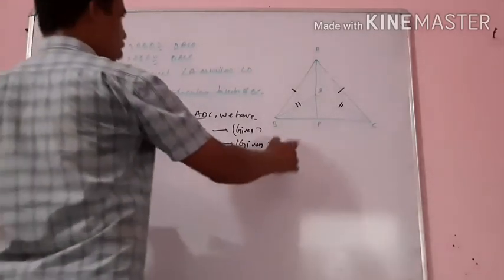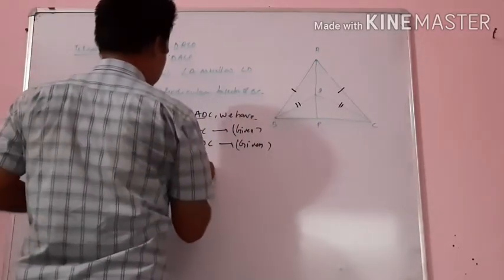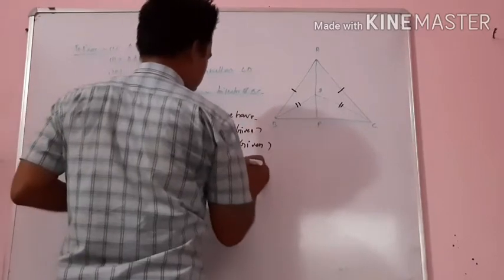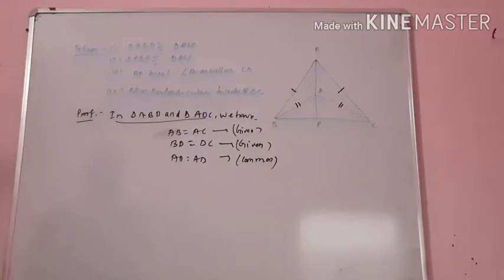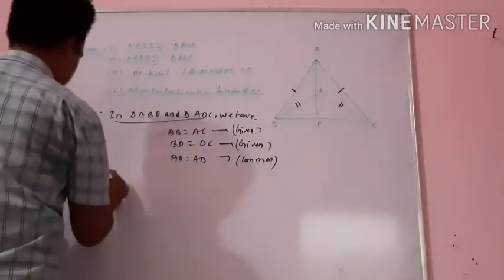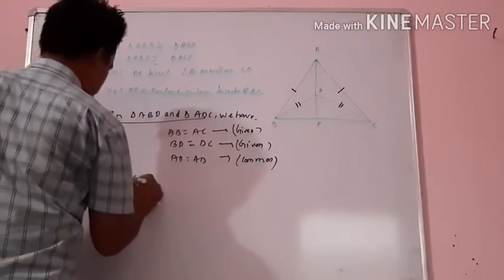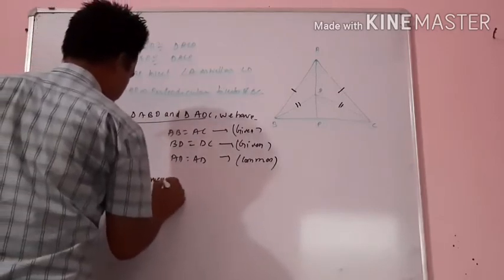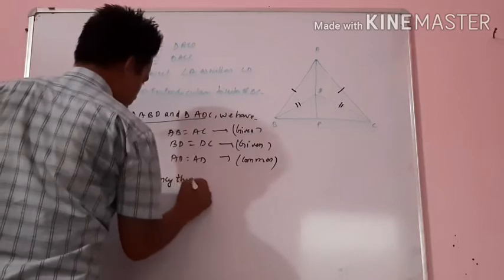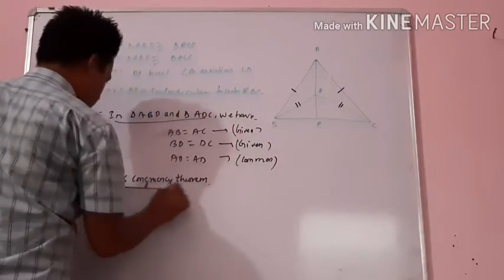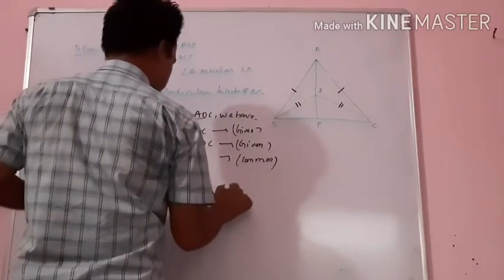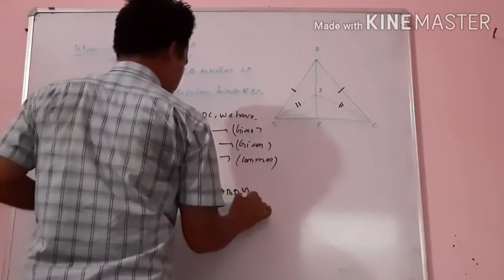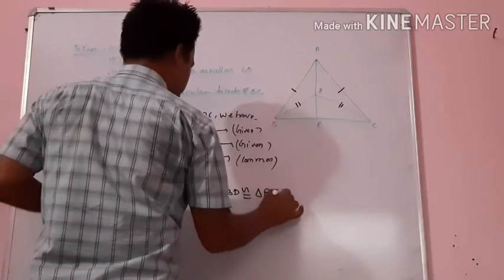Now AD is common. So which theorem comes here? Here all three are sides. So by the SSS congruency theorem, triangle ABD is congruent to triangle ADC.